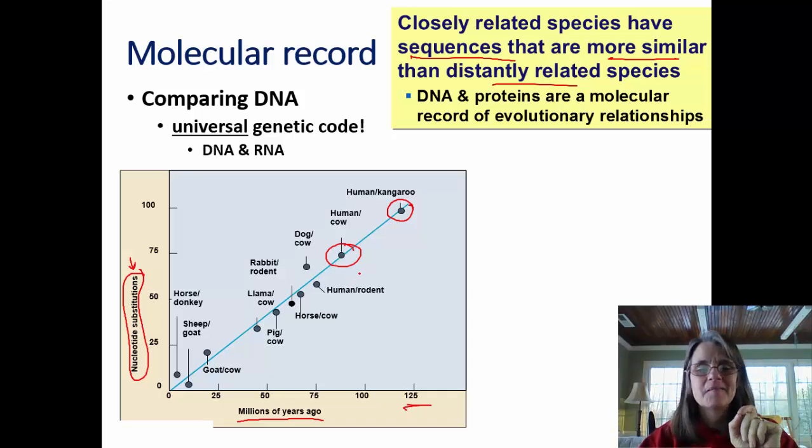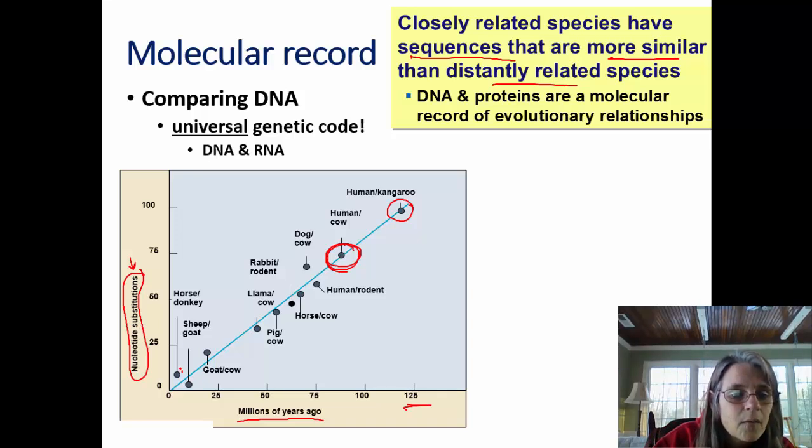That's still pretty long ago that we shared a common ancestor, but it was more recent and we have fewer differences in our DNA. If you look way down here, a horse and a donkey are much more closely related, having very few DNA differences, and shared a common ancestor very, very recently.